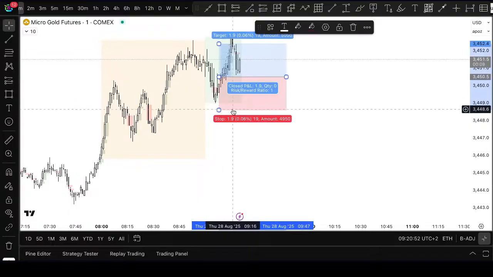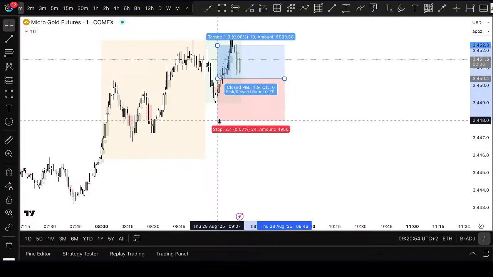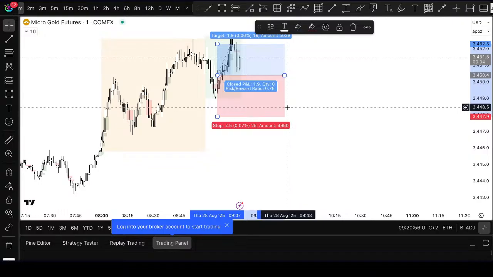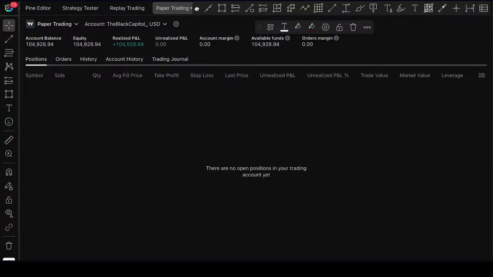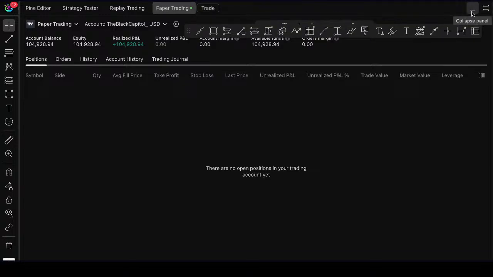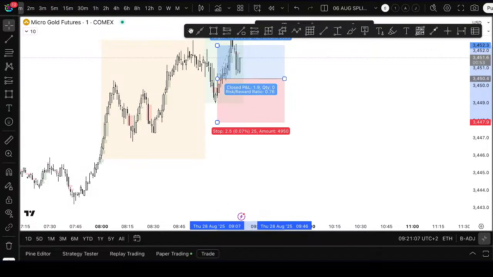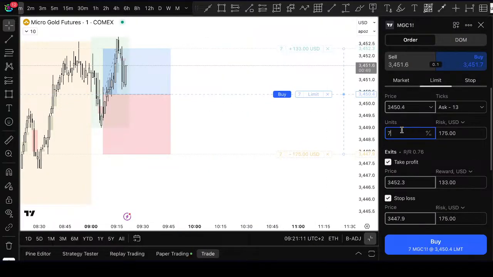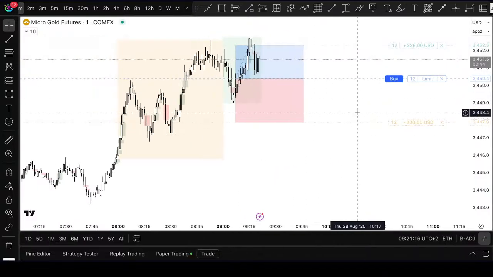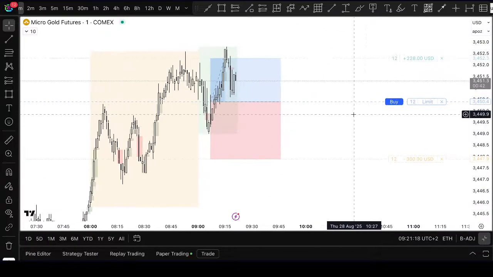If the price comes down somewhere here, we'll put like, we go for like 25 and our 12. Fine. 12 it is.